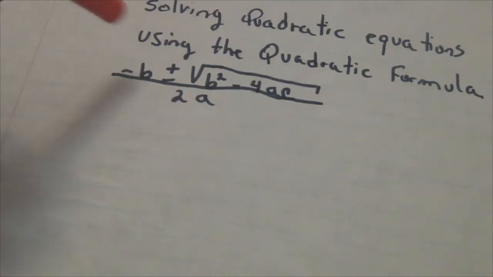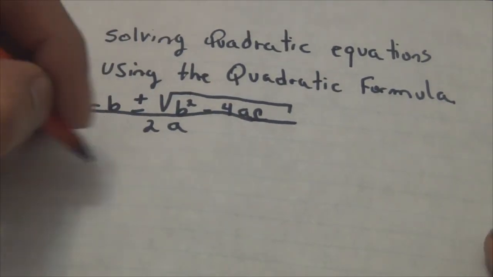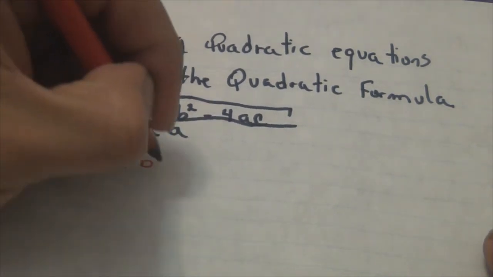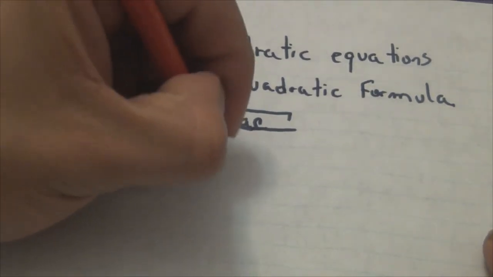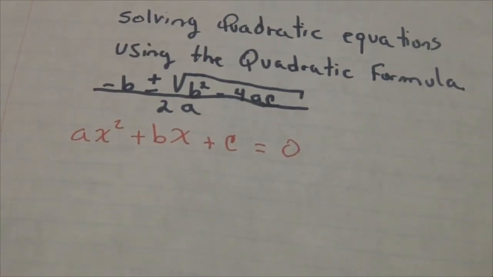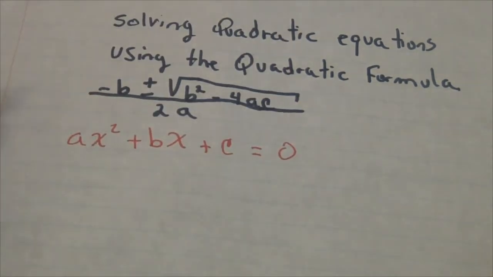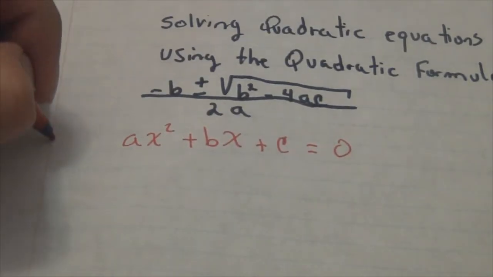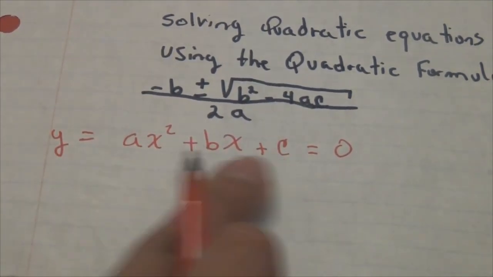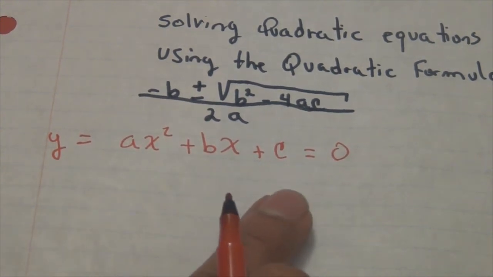We have established that the standard form of a quadratic is ax squared plus bx plus c, and it is equal to 0. Or you could replace the 0 with the y, so y equals ax squared plus bx plus c.